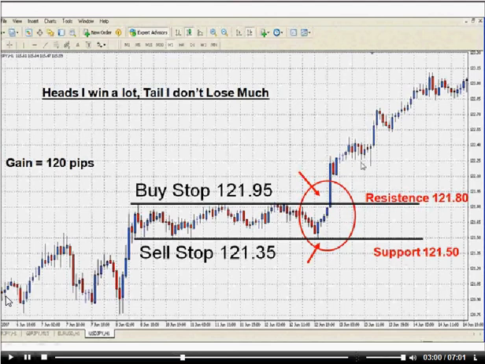So when the currency goes up, you have to manually come and cancel the sell stop order. Some brokers support something called one cancels the other, which means when the buy is executed, the sell gets automatically cancelled. But for some brokers, you have to manually come and cancel the sell stop order.